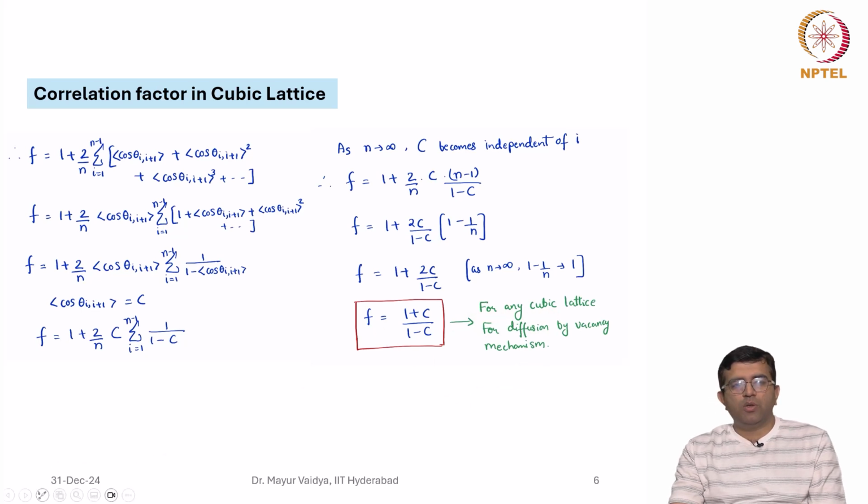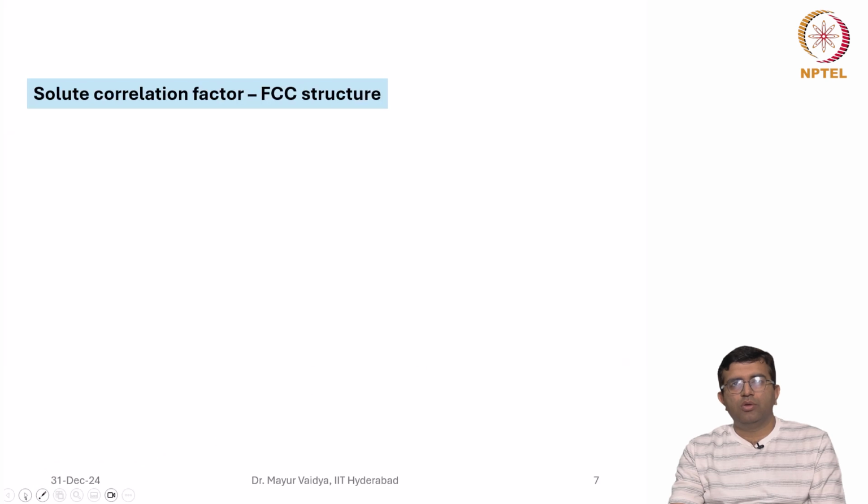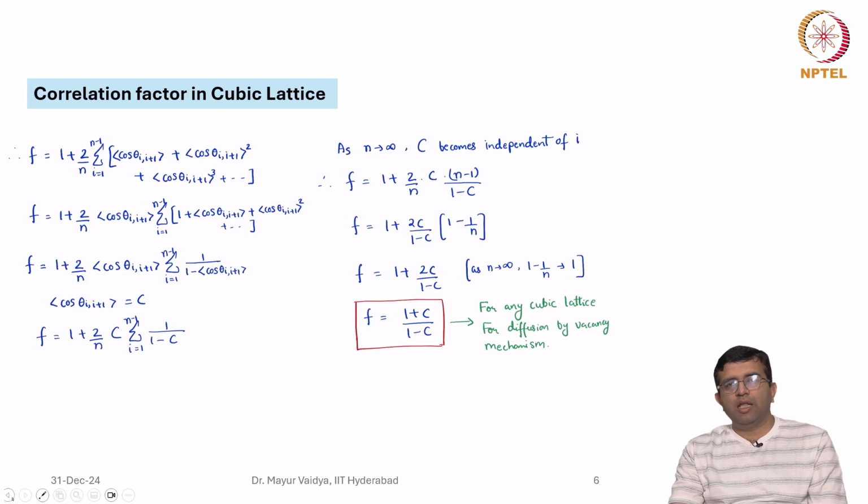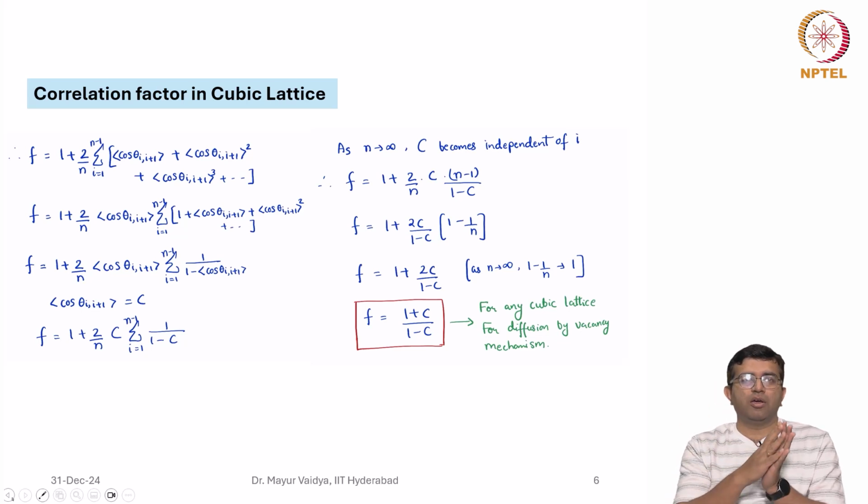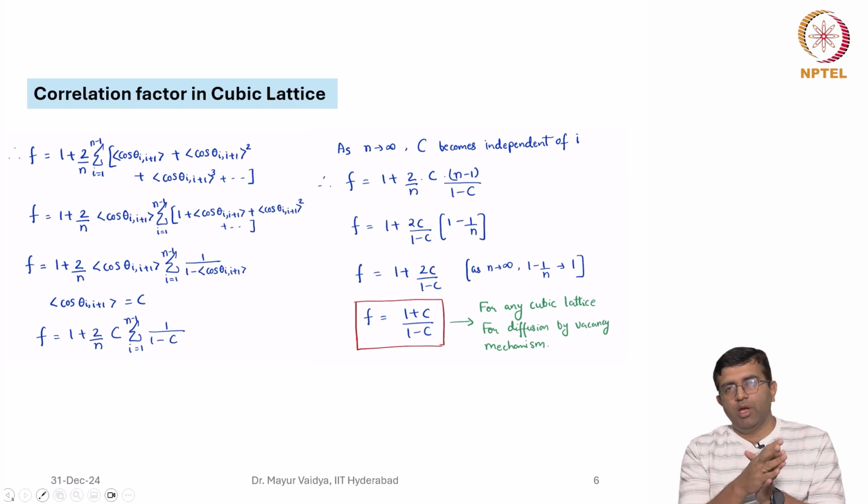Okay. So now, remember, till now we are only talking about the correlation factor in a pure metal, and we have not talked about the solutes so far. And now you may ask, what will be the difference in a solute?